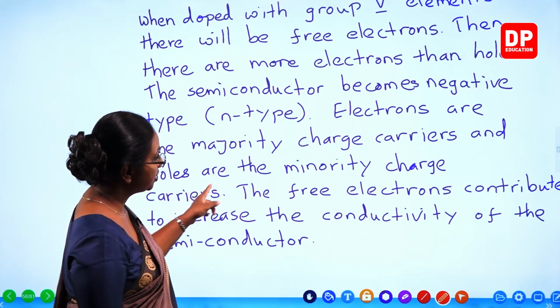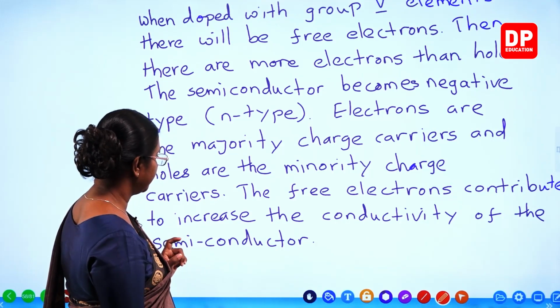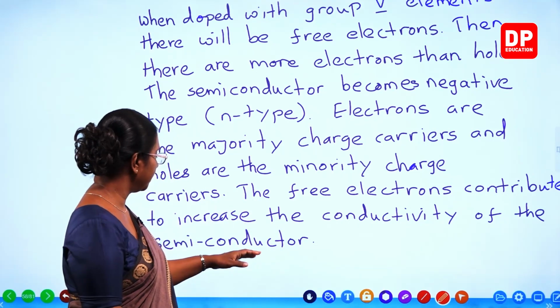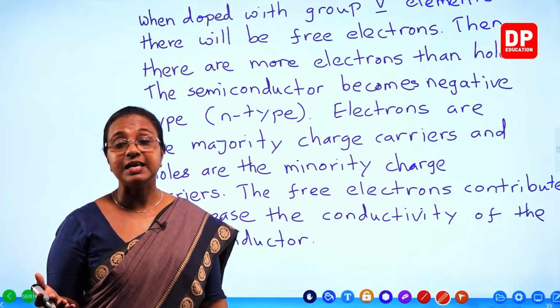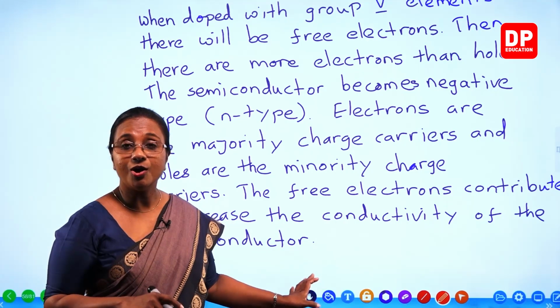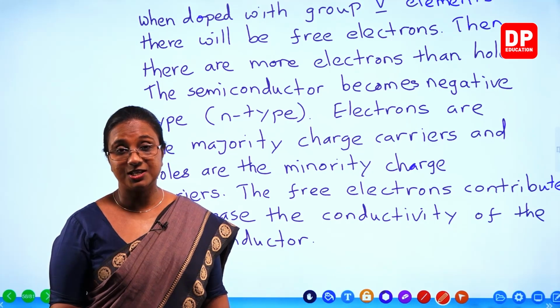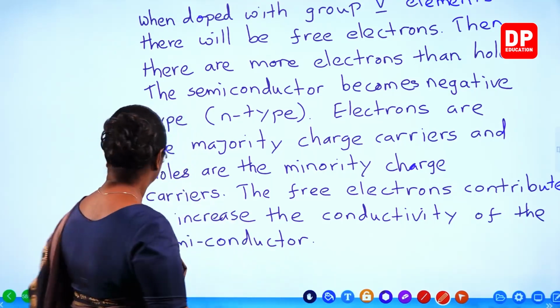Electrons are the majority charge carriers and holes are the minority charge carriers. The free electrons contribute to increase the conductivity of the semiconductor. So that is how the conductivity increases. Is that clear, students? So I am sure you all also wrote a similar answer. You gave the correct explanation. So with that, we'll move on to the next question.